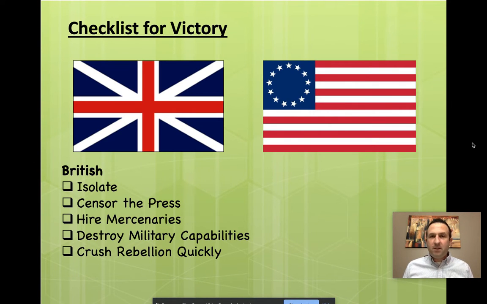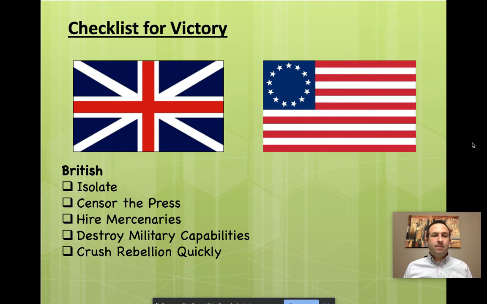If you can censor the press, you control the propaganda message. And once the free press is gone, people stop rallying to the cause, often because all they hear is one side of the equation.